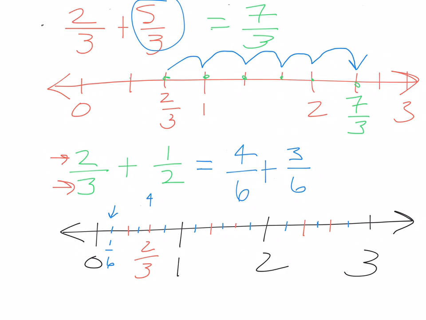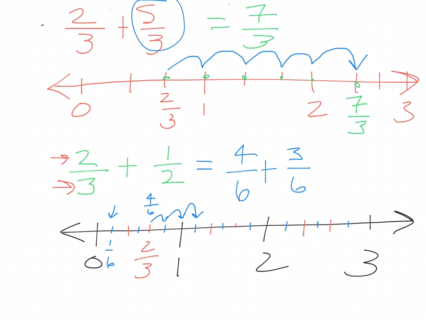This is the same place, 4/6. And I'm adding 3/6, so I count 3/6. 1/6, 2/6, 3/6. And what number did I land on? Oh dear, I gotta count all those numbers up too.